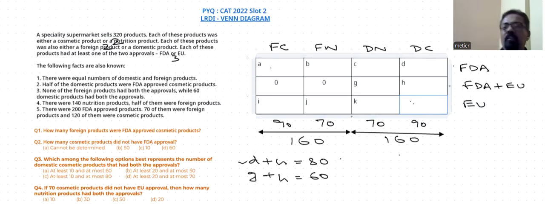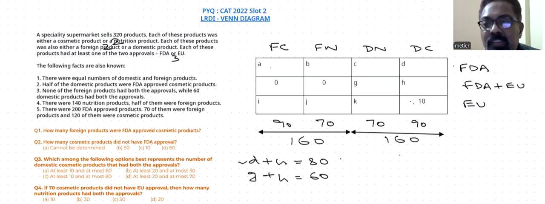Check here, the column sum will be 90, D plus H is 80. So we can replace that domestic cosmetic products which have only EU approval, that will be 10. Done. Next. At this moment, we can have G plus H. Okay, we cannot do anything further as of now.